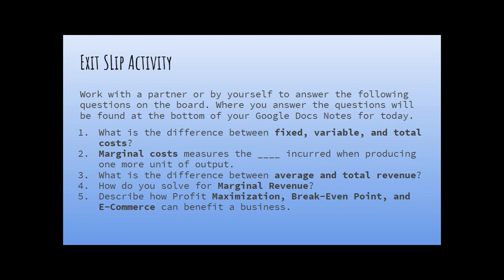So question 1 will be about 1, 2 sentences, just as long as you make the point of the difference between fixed, variable, and total. 2, I'm looking for 1, 2 words in your definition that it's missing. 3 will be about 1, 2 sentences. 4 will just be the formula, and then 5 about 3 sentences.